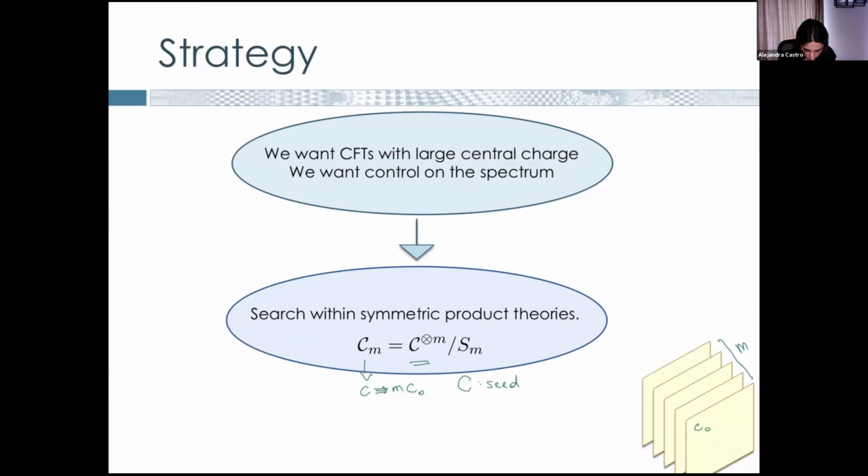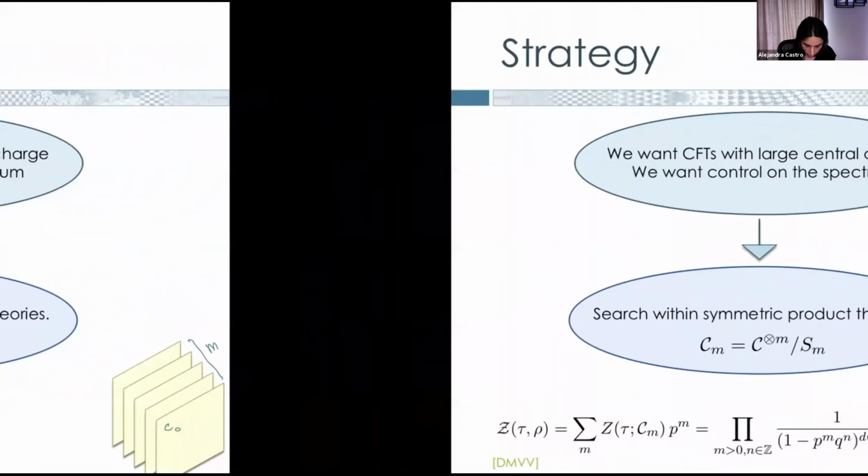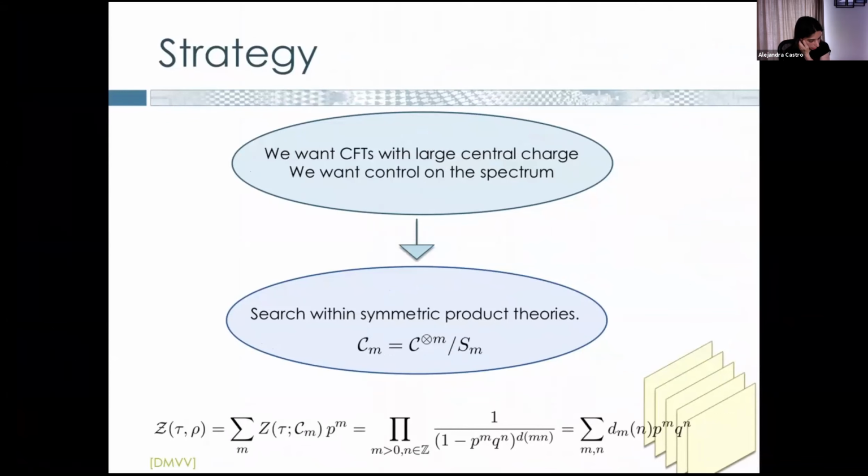Now, one of the reasons why these theories are very nice, there are many, but one of them is because you do have a lot of control on their spectrum. There's this formula known as the Dijkgraaf-Moore-Verlinde formula that tells you that if you know the spectrum of this theory, so basically this number D of n for the seed, then you will know what the spectrum of the nth copy of this procedure is.